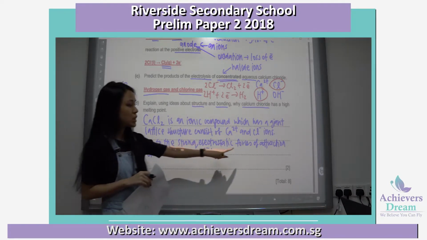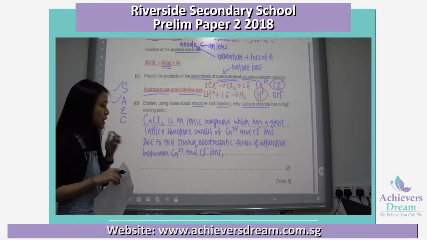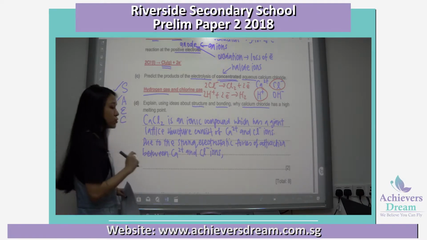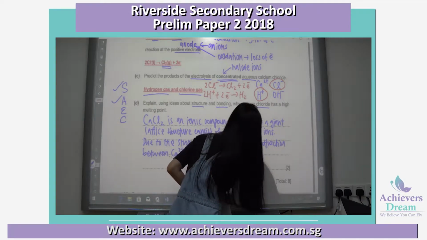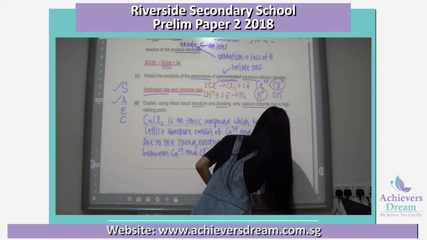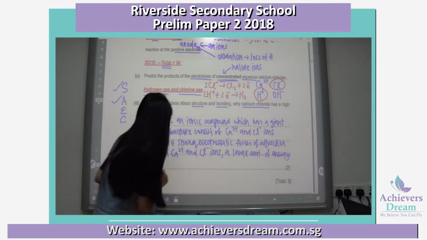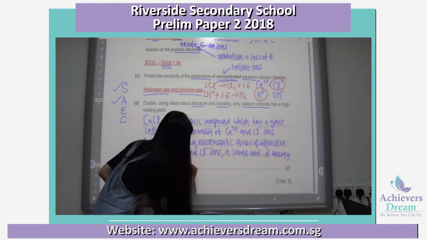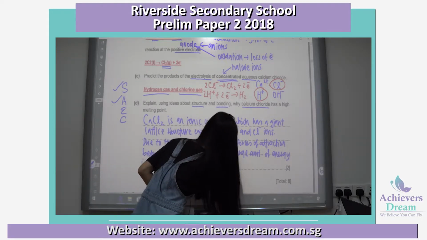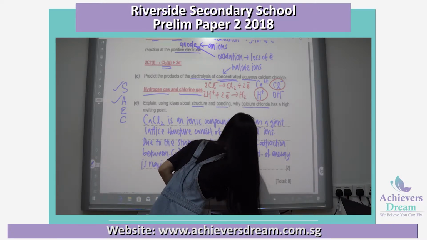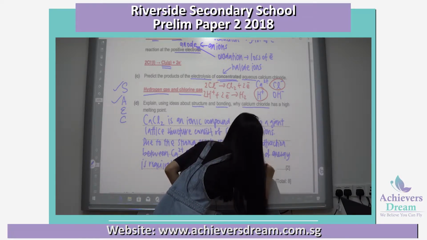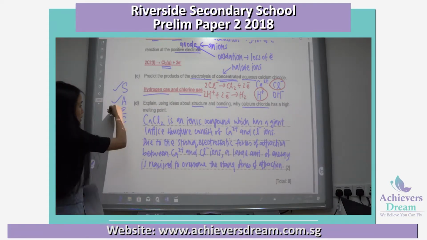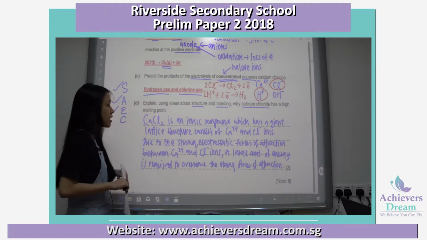Due to the strong electrostatic forces of attraction between your Ca2+ and Cl- ions, what does that mean? E refers to energy. A large amount of energy is required to overcome the strong forces of attraction. C refers to conclusion. Therefore, calcium chloride has a high melting point.